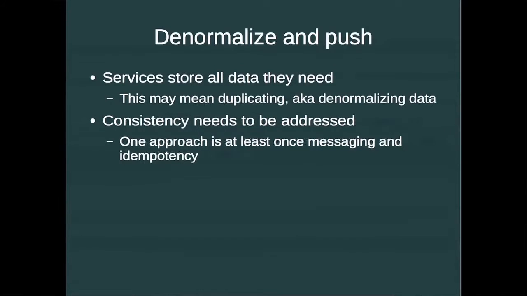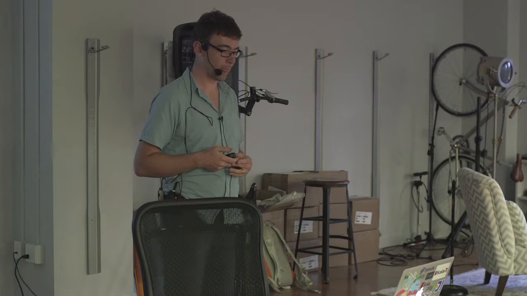And if you don't know what idempotency is, the idea is the same operation can be performed multiple times on your data, and the state will stay the same regardless of whether it happens once or multiple times.